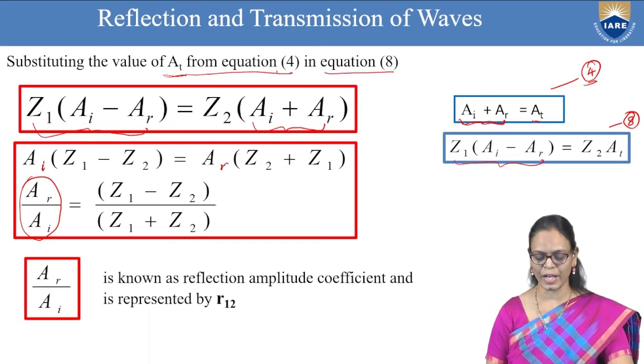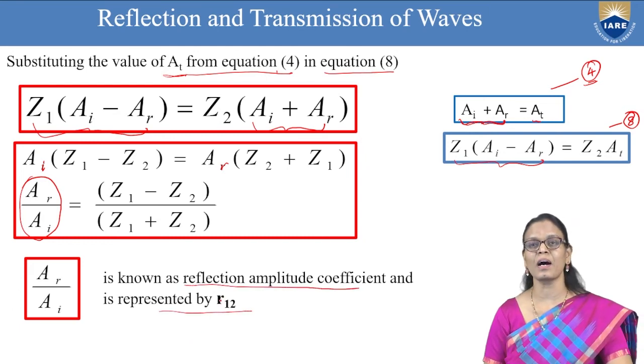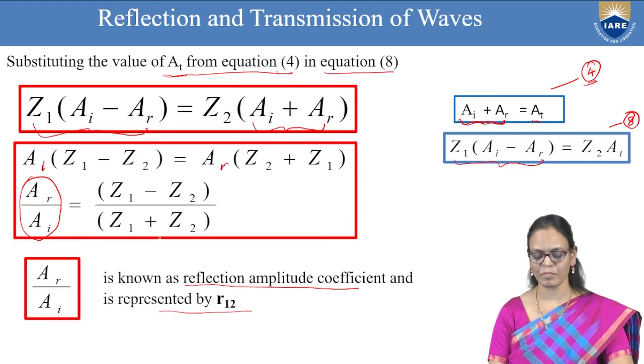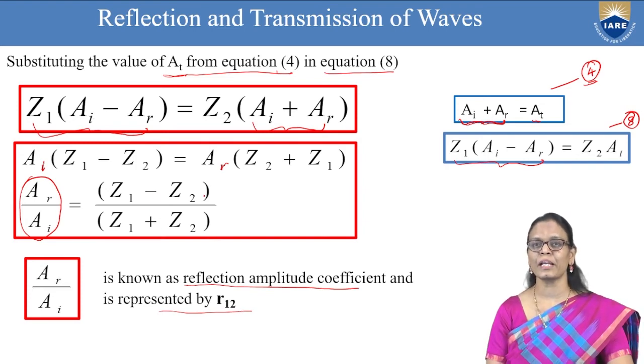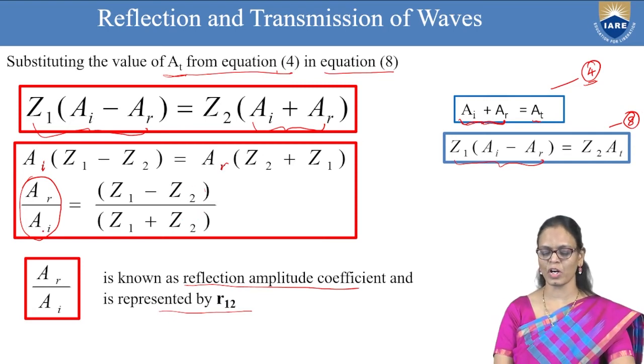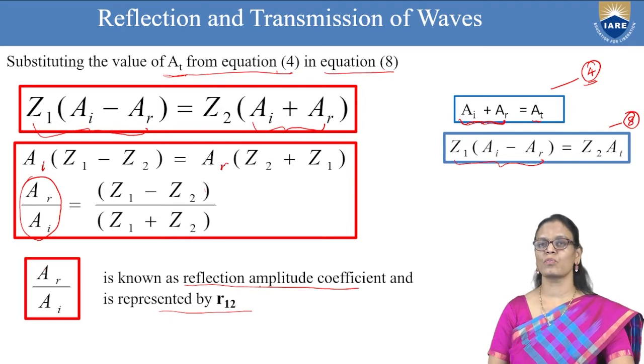So AR upon AI is known as the reflection amplitude coefficient, and it is also represented by R12. So it depends upon the impedance of the two, the reflected wave as well as the transmitted wave. So we have got the reflection coefficient.